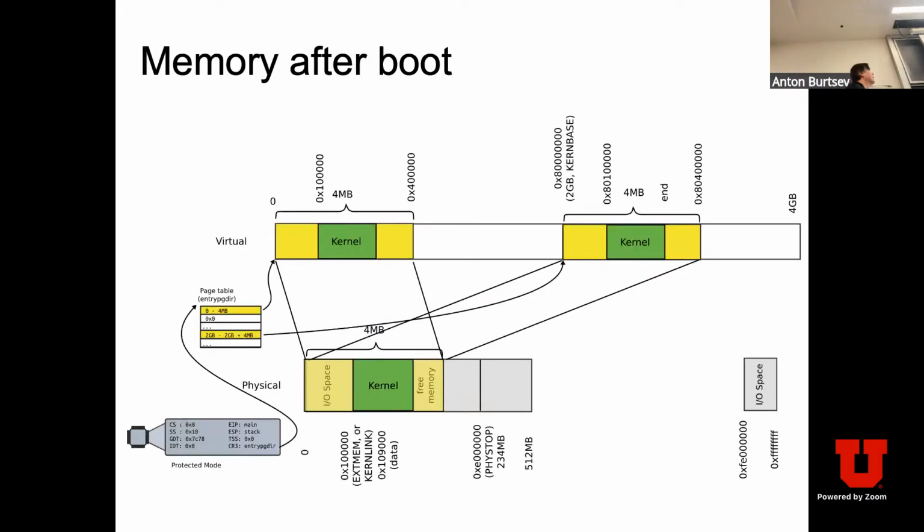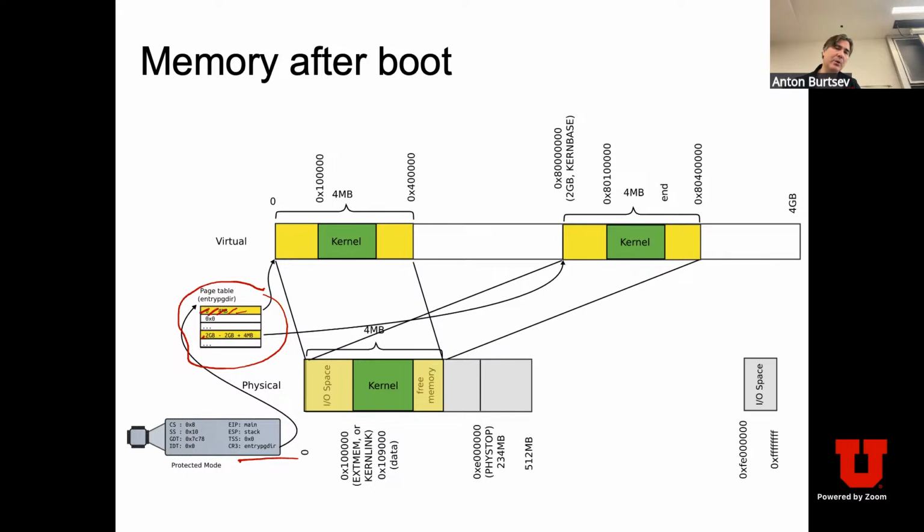Coming back to the state of the machine, just pay attention to this because everything will evolve from this figure. Right now we have this 4 megabyte page table. That's our temporary page table, called the entry page table directory, used early on entry. It only has 2 entries.